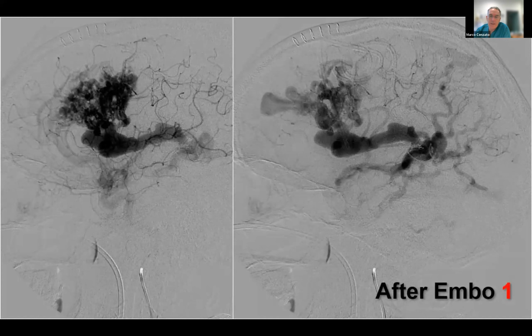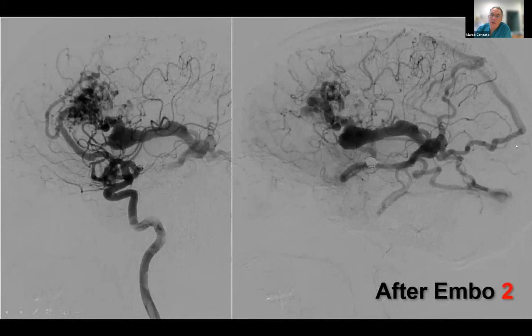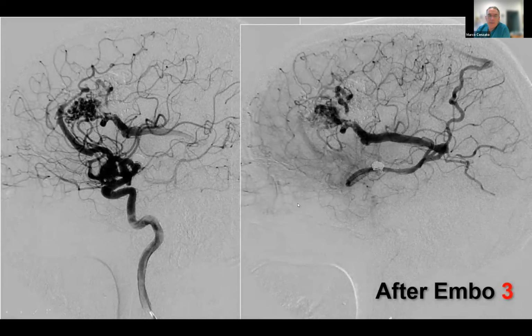And so we did the first embolization, trying to reduce the size of the AVM, but not occluding it. The goal was to reduce the venous size. So we waited a while and then did a second embolization to reduce the venous size until, 2 months after, the vein was this size.